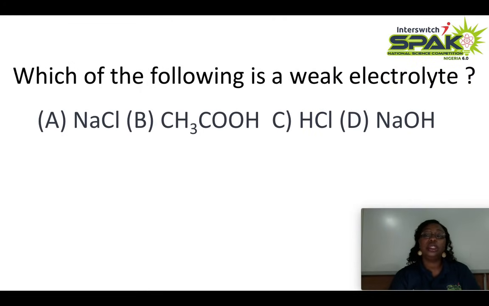Which of the following is a weak electrolyte? Weak electrolyte has to do with weak acid or weak base. If you look at it, every other one is strong. HCl is a strong acid, sodium hydroxide is a strong base, and sodium chloride is a strong electrolyte.